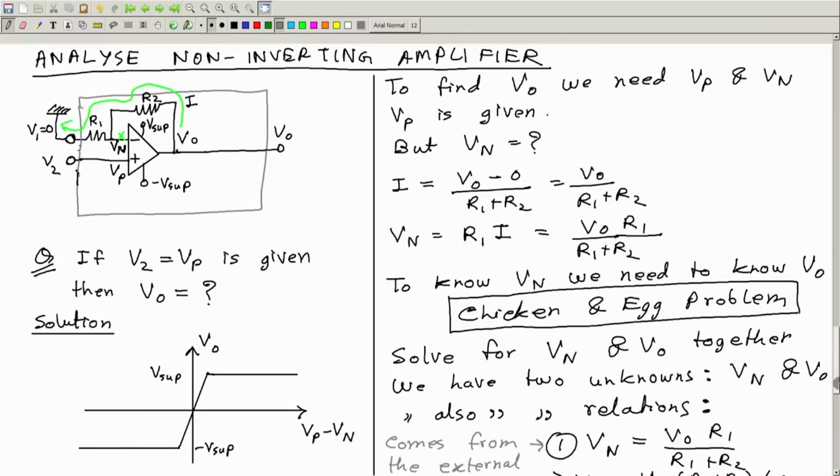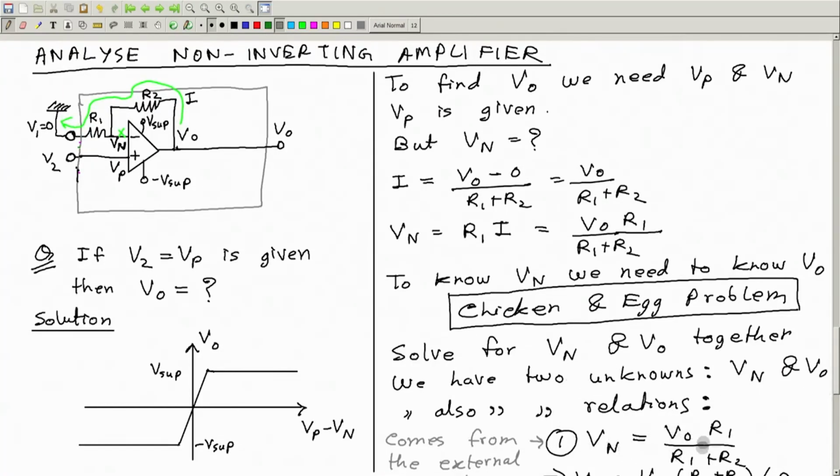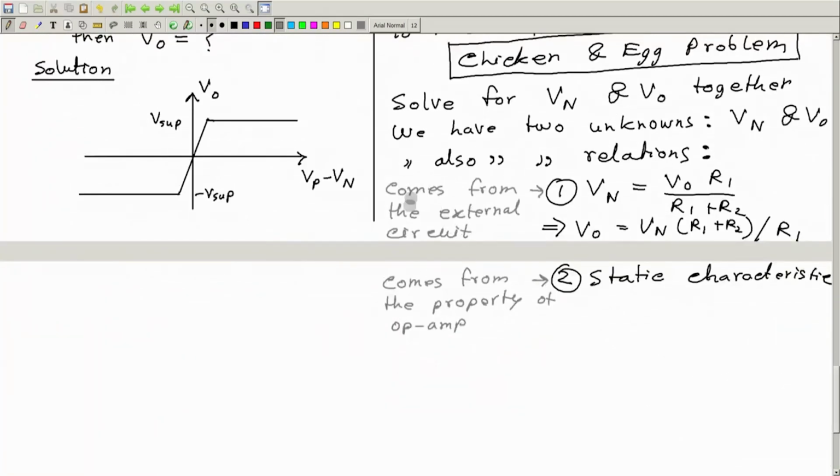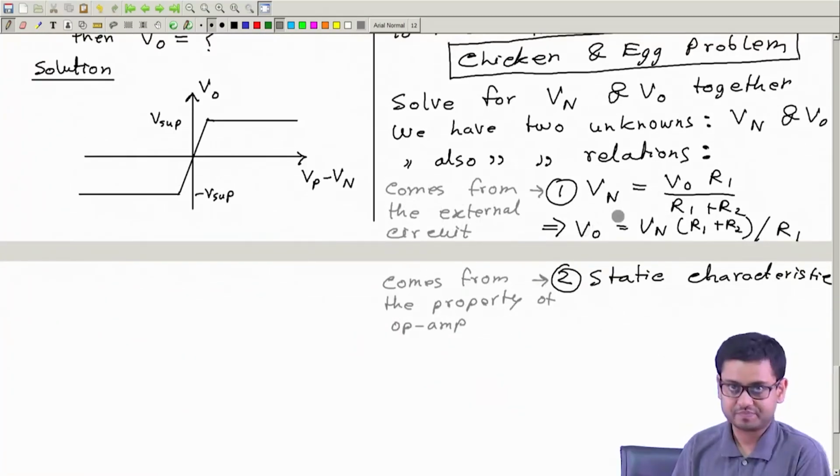Okay, so this relationship, this is nothing but the potential divider applied in this part of the circuit, R1 and R2. Okay, so this comes from the external circuitry.